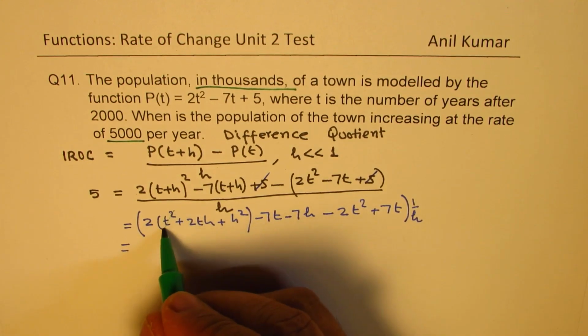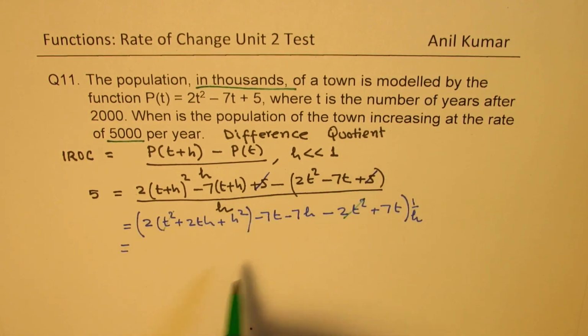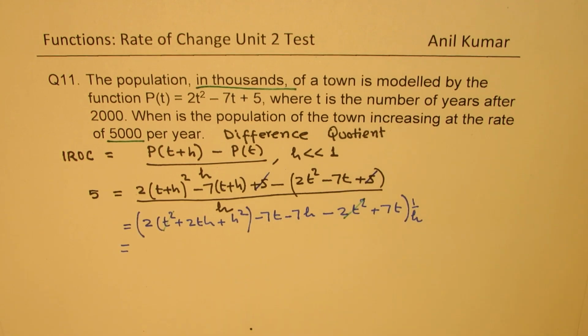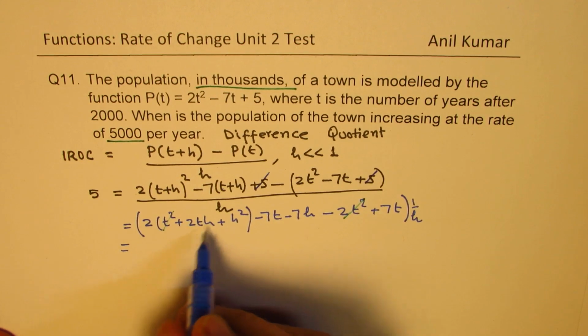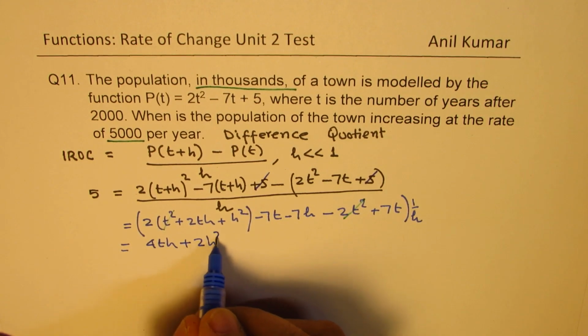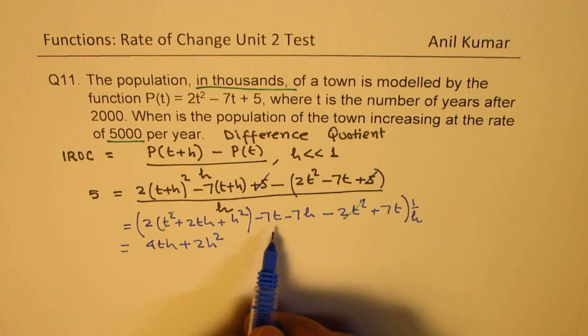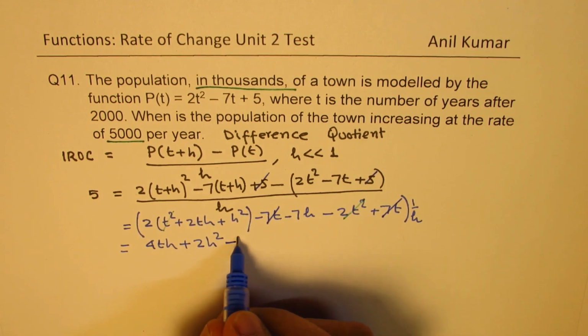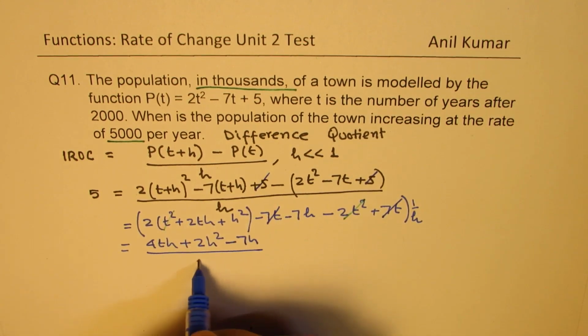Now, 2 times t square cancels, and we are left with 2 times 2th. So let's see what terms we are left with. Two times 2th is 4th plus 2h square. Minus 7t and plus 7t cancel. And we are left with minus 7h over h.